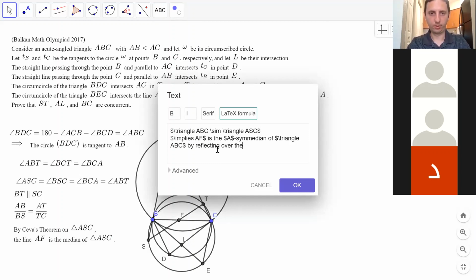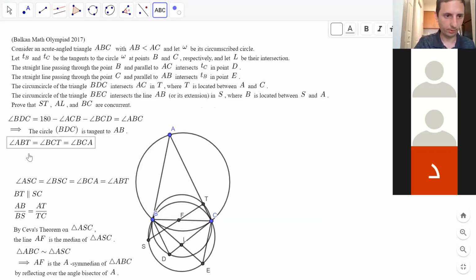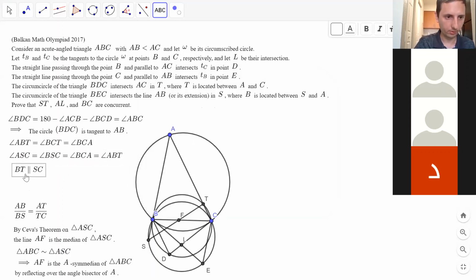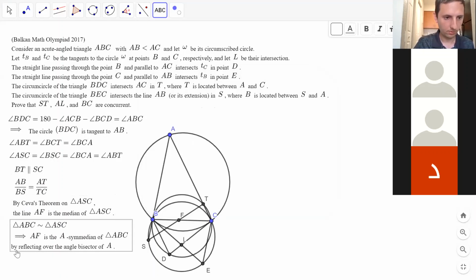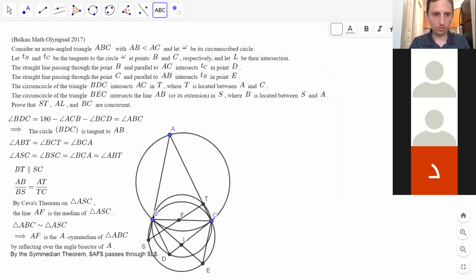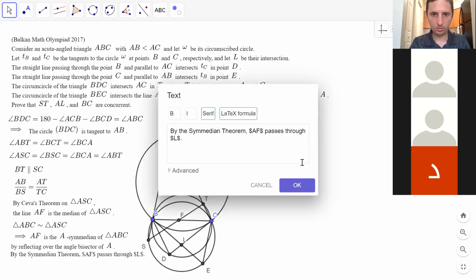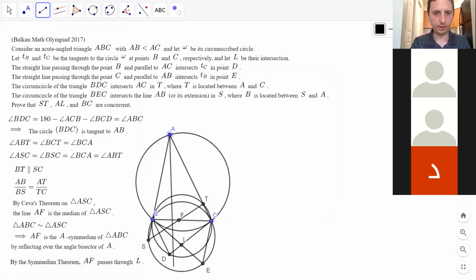I'll say by reflecting over the angle bisector of A. And then by the symmedian theorem, that means AF passes through L. So yeah, we're pretty much finished here. So ST, BC, and AL concur at F.